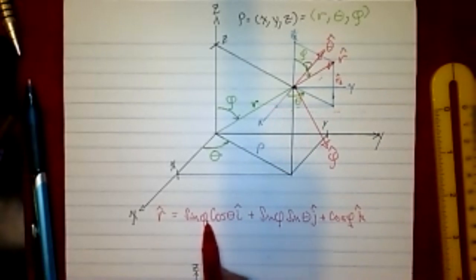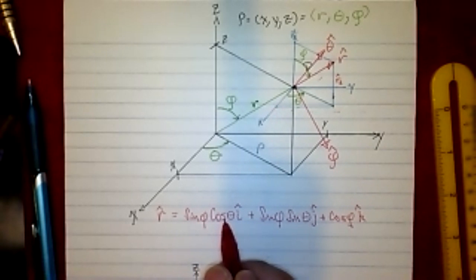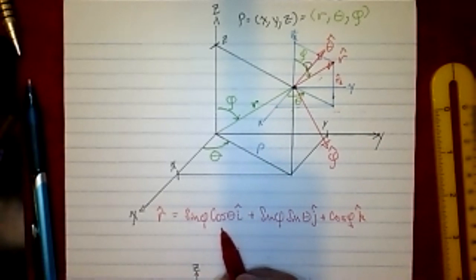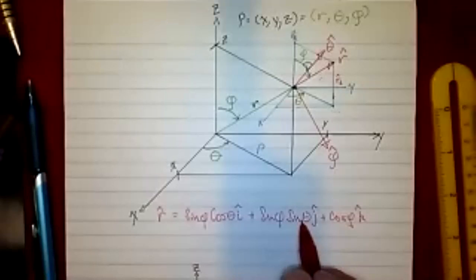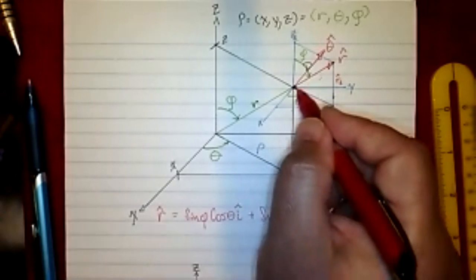So I'd get sine squared phi cosine squared theta plus sine squared phi sine squared theta. I could factor out the sine squared phi. Now I take the square root of all that. The sine squared that I factored out just becomes sine phi, but the cosine squared plus the sine squared that's left just becomes 1. So I end up just getting sine phi as the magnitude of this.